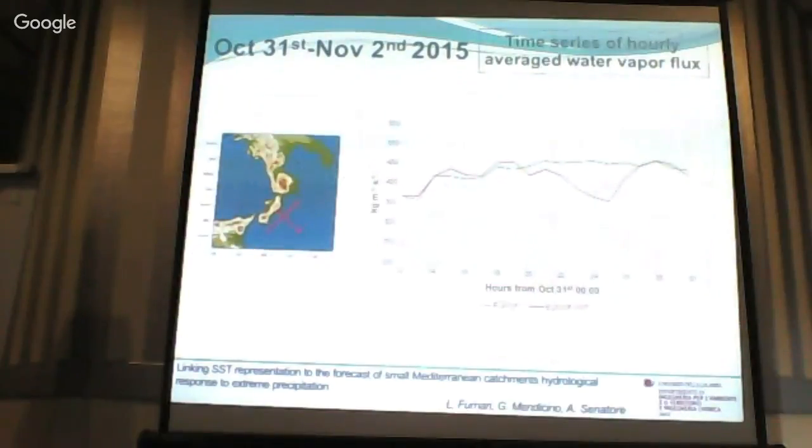This is even more evident considering the water flux through this transect. ECMWF flux becomes quite constant. Instead, with the SST data simulation, we have a reduction and then up again. And this, according to rainfall analysis, should be what really happened.